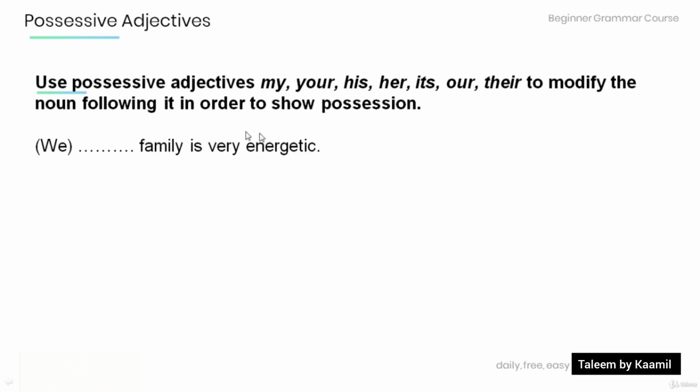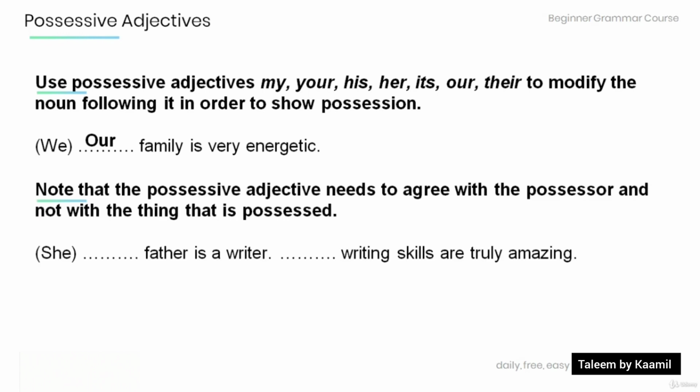Read the following sentence and fill in the blank using the appropriate possessive adjective. We, family is very energetic. Our family is very energetic. Note that the possessive adjective needs to agree with the possessor and not with the thing that is possessed.